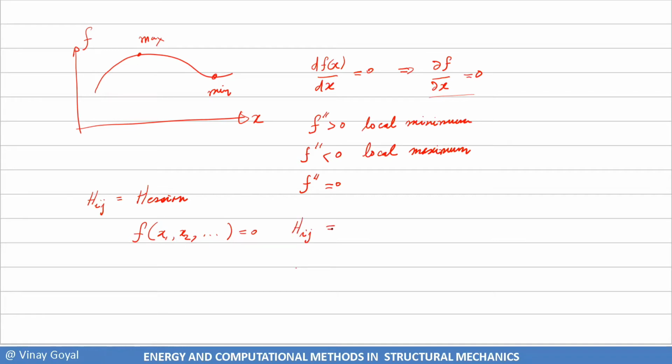So I have to do the Hessian, and so I get f_xi xj. I have to examine this quantity here to determine whether it's a minimum or maximum. But the gradient of f equals 0 is what's going to give you the values of x1, x2, etc. that will cause this function f to be a minimum or a maximum, and the Hessian is going to tell you about the condition of that minimum or maximum.